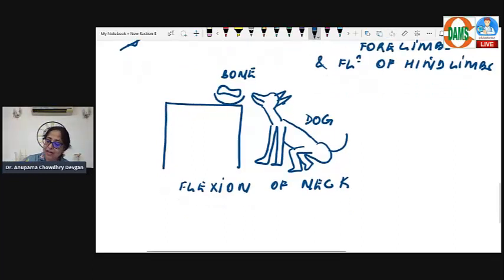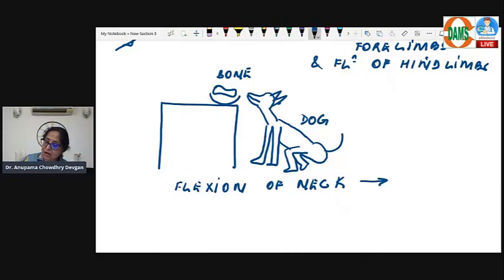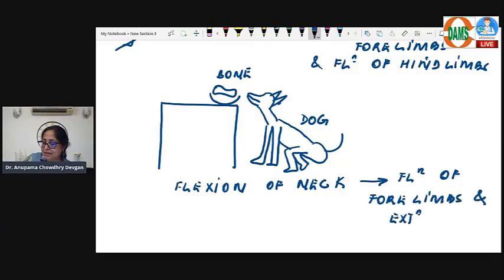All right. Flexion of the neck causes, now the reverse, flexion of the forelimbs and extension of the hind limbs. Yes, extension of the hind limbs. This is what happens. This is what is known as the tonic neck reflexes.